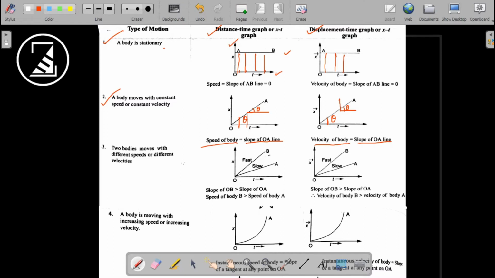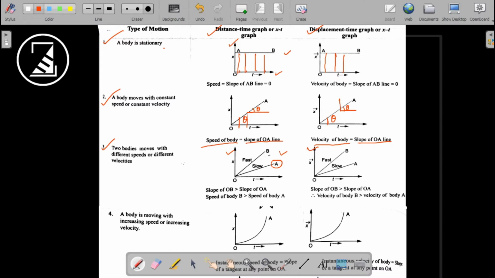So the body is moving with constant speed or constant velocity. Now number three, two bodies move with different speeds or different velocities. You can see two graphs here. In the distance time graph, body A is moving with one speed and body B is moving with some other speed. Now from this diagram, we have to tell which one is moving faster.